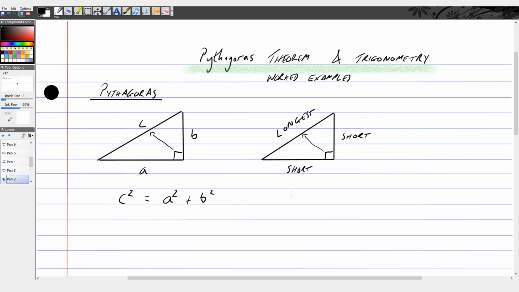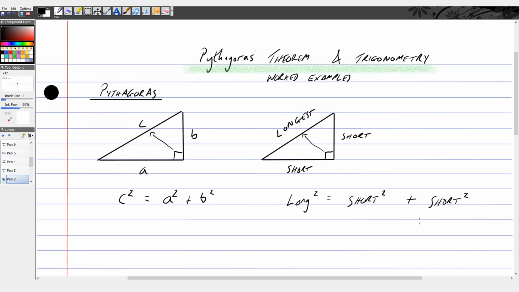So we could say the longest side squared is equal to one of the short sides lengths squared, which means times itself, added to the other short side length squared. So you can remember it with words or with letters.